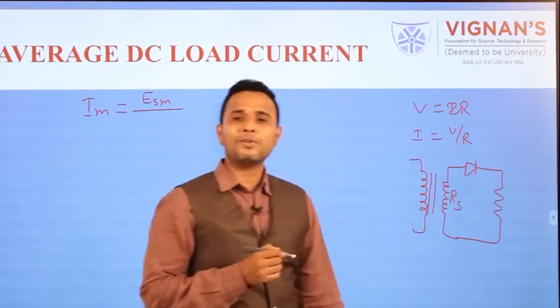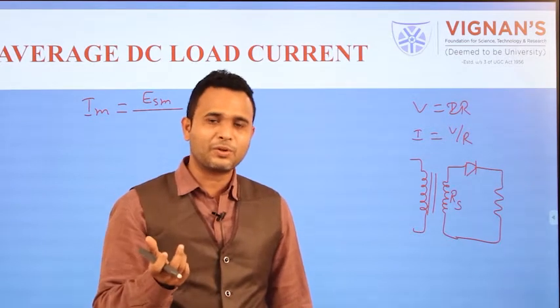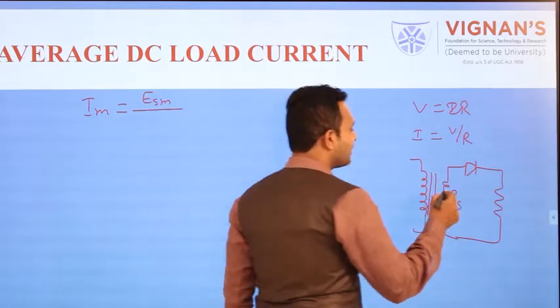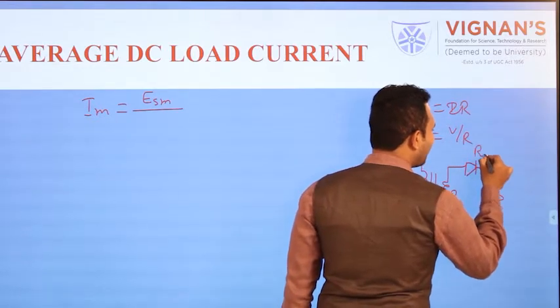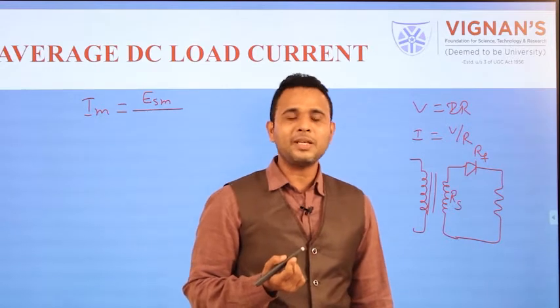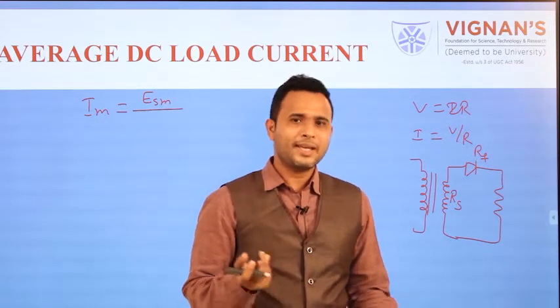In the diode we take only the forward bias, because for the positive peak the diode works in short circuit mode. So for the diode we take RF, the forward resistance of the diode. At open circuit we are not taking anything.